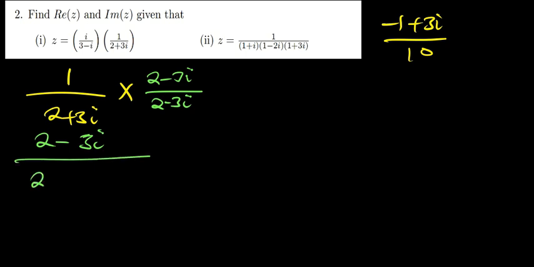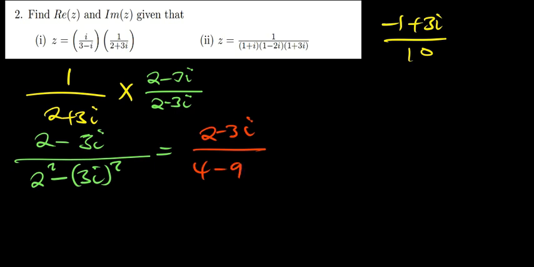So it is 2 squared minus 3i squared, 4 minus 9 times i squared, which is negative 1, so this is going to be plus. It will be 4 plus 9, which is 13.